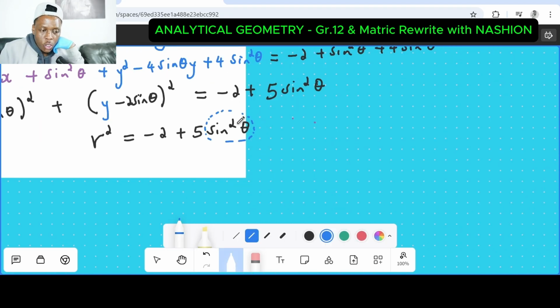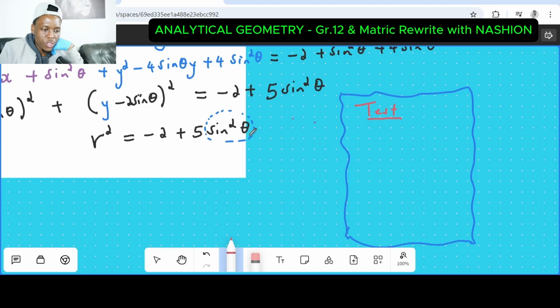But we are not sure what theta is exactly. Theta can represent any value. In fact, do this. Test some numbers using your calculator. So we have sine squared theta. In the place of theta, just put any value you want, guys. Do it several times and put any number you want.